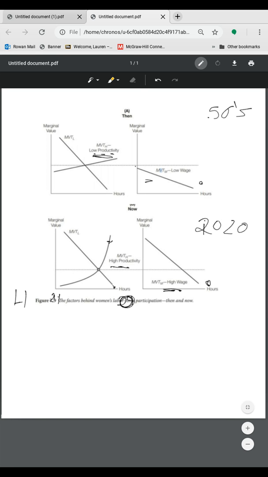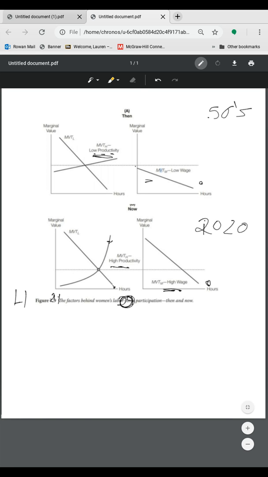We have apps, we have everything else. The marginal value of time for leisure is still about the same, so you are happy spending time off for the most part. But then we have on the other side higher marginal value for the labor market, as we talked about. So these are things that shift up the curves for household work and for market work.